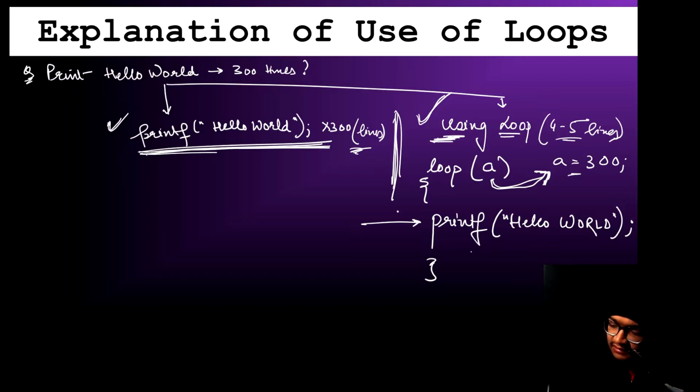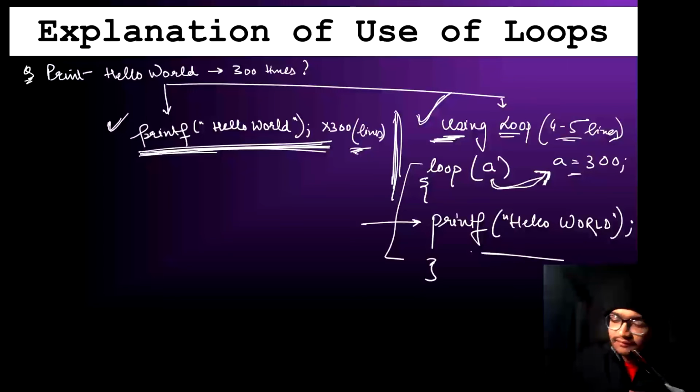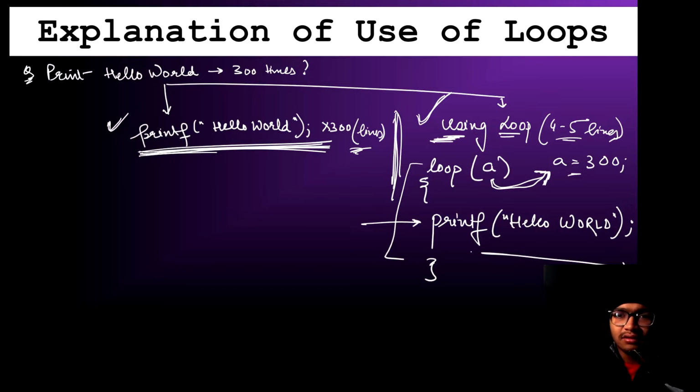So which is more convenient, this or writing printf 300 times? Obviously using loops, because it will take a lot of time to write printf hello world 300 times, and the one who reads it afterwards will find it very bad to read the same statement 300 times to get the desired output, right?